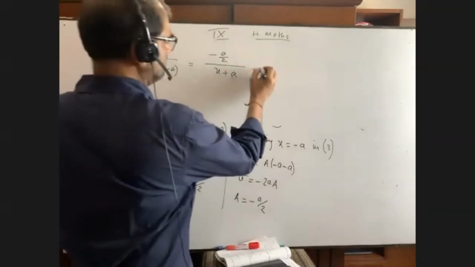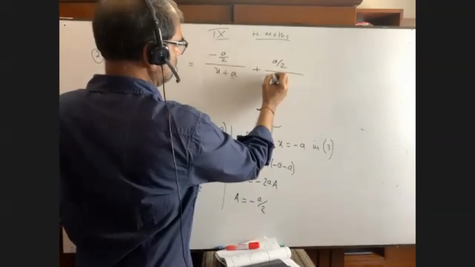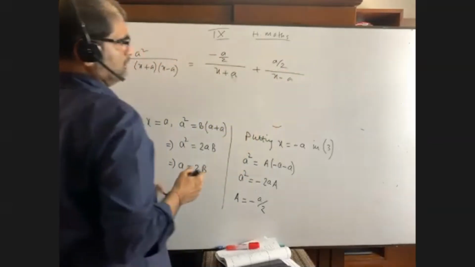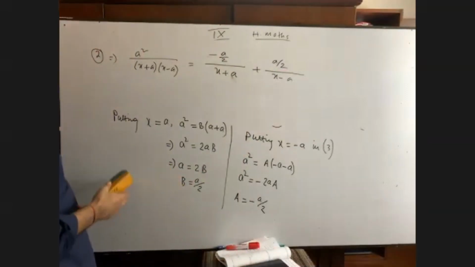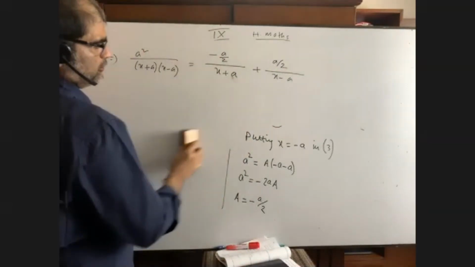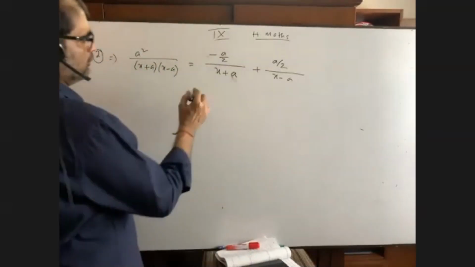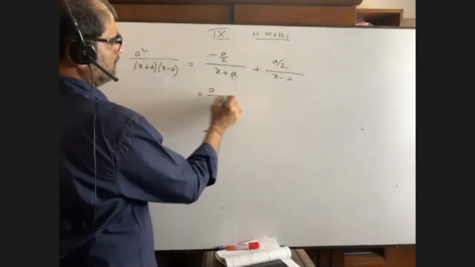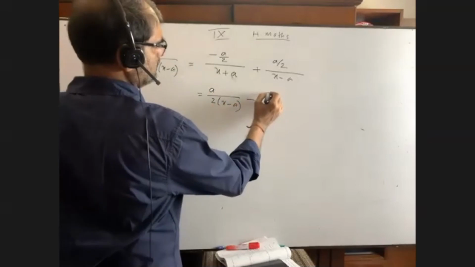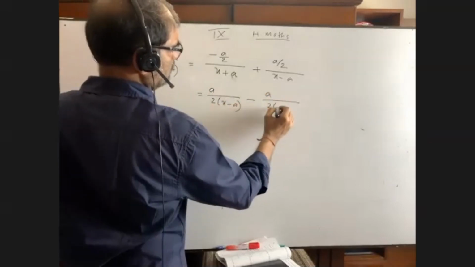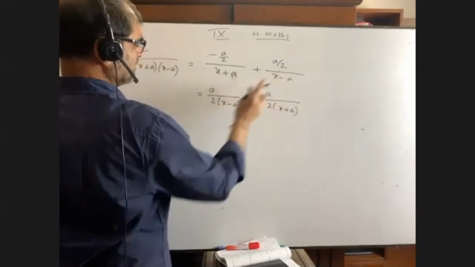And b is a by 2, x minus a. Was it? Yes, it was. But you failed to do a by 2 into x minus a minus a by 2 into x plus a. I have written this at first.